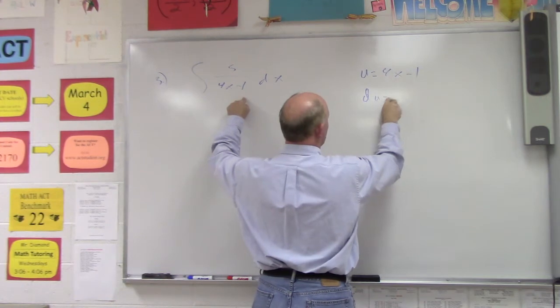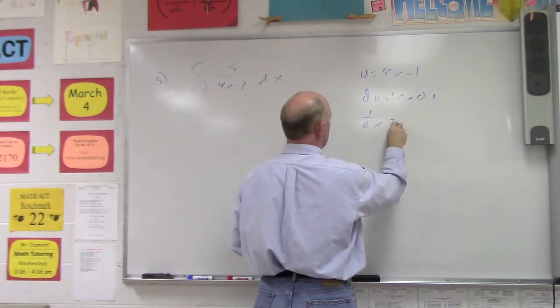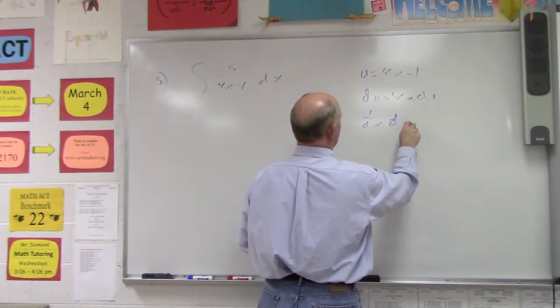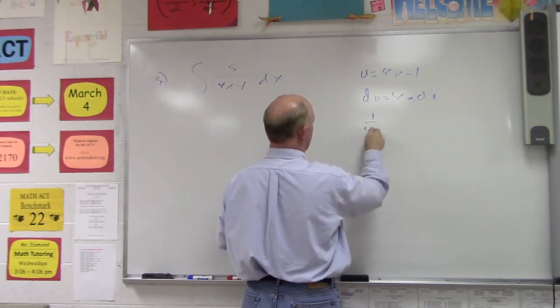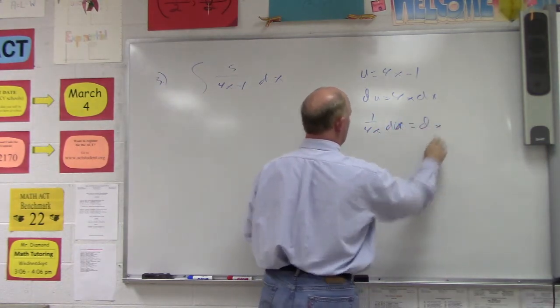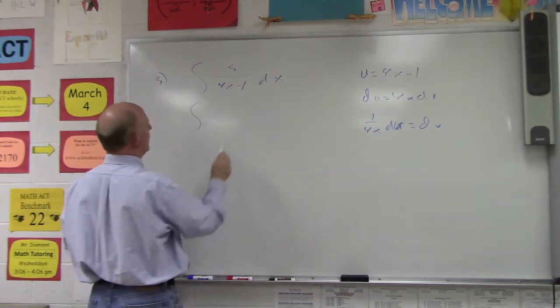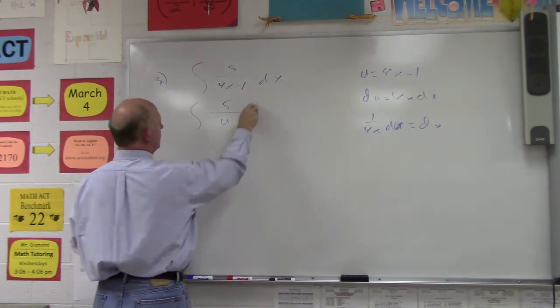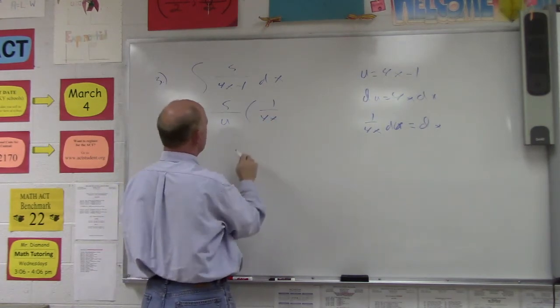We have du equals 4 dx, or 1/4 du equals dx. Substituting back in will give us the integral of 5 over u times 1/4 du.